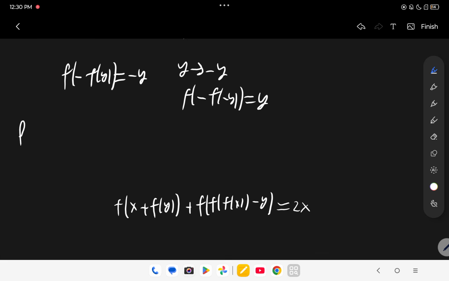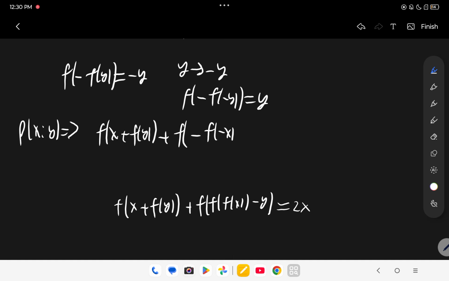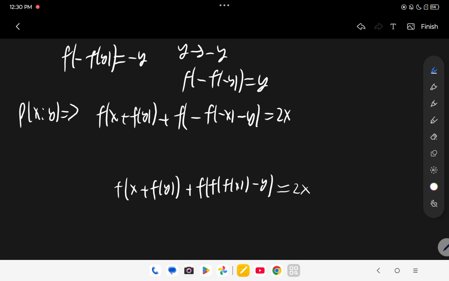So let's put this, which is the same as f(x) plus f(y) plus f(...). So here this is the same as minus f(minus x minus y), which is equal to 2x. And after putting y equal to 0, we get that f(x) plus f(minus x) equals 2x.